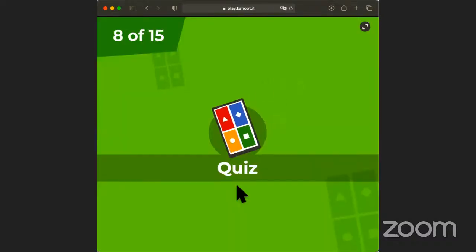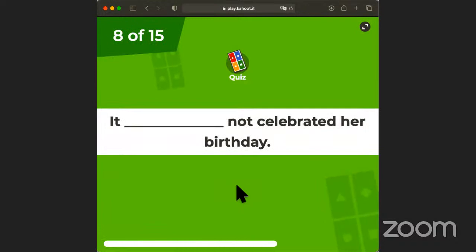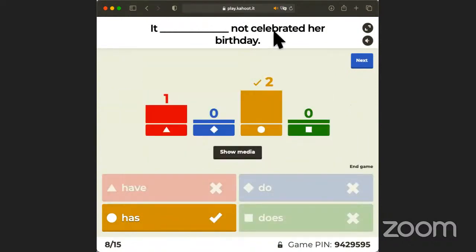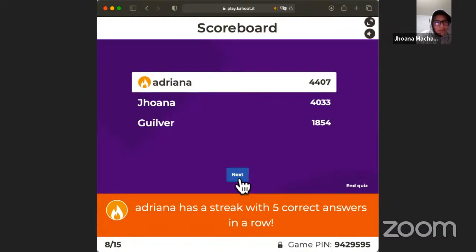Next one. It, have, do, has, does. All right, great job. Joanna, can we read it, please? It has not celebrated her birthday. All right, her birthday. Great job, guys.